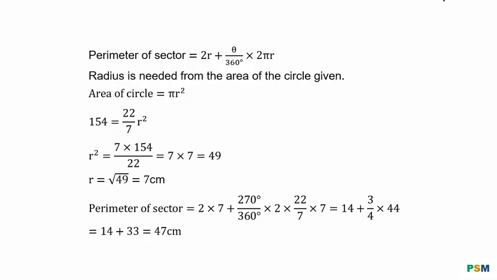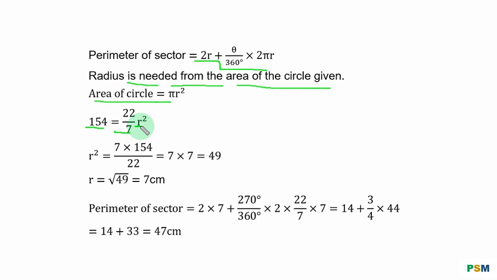Perimeter of the third sector is equal to 2 times radius plus length of arc. Radius is needed from the area of the circle given. Area of circle is equal to pi r square. The area is given to be 154 equal to pi 22/7 times r square.